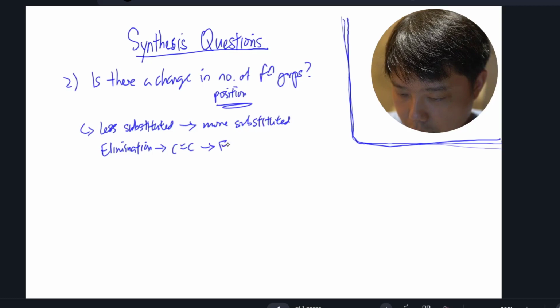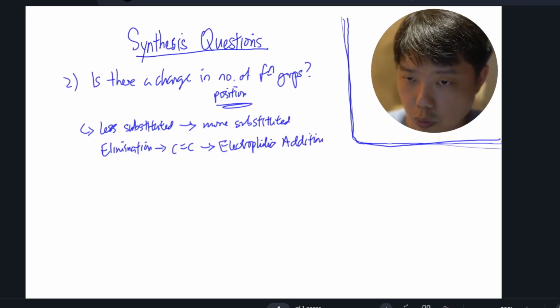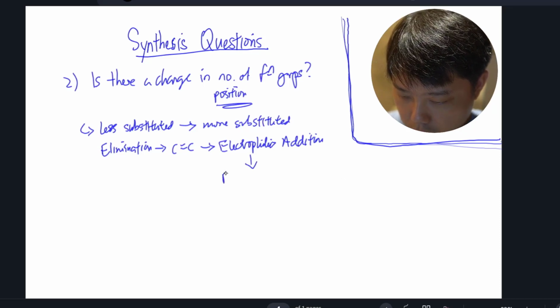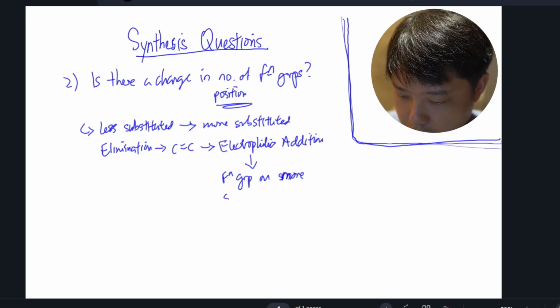Then you do electrophilic addition to get the functional group to be on a more substituted position.